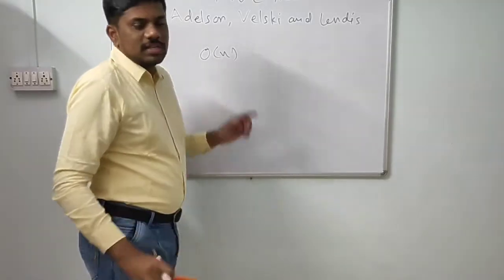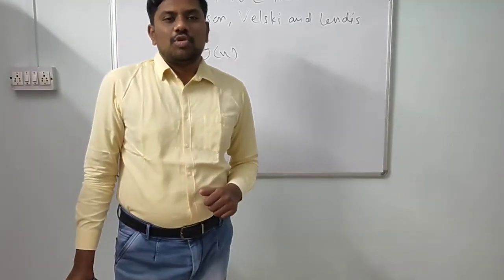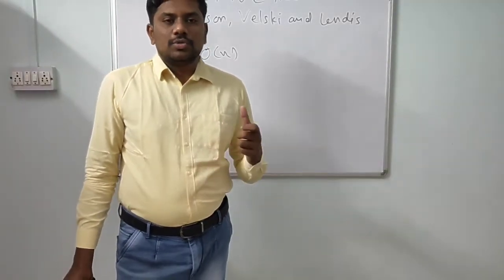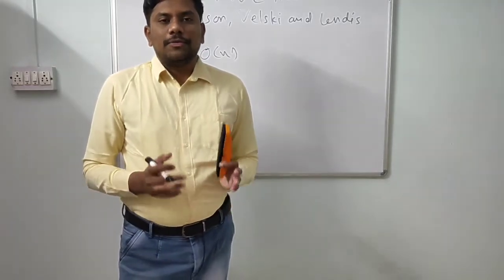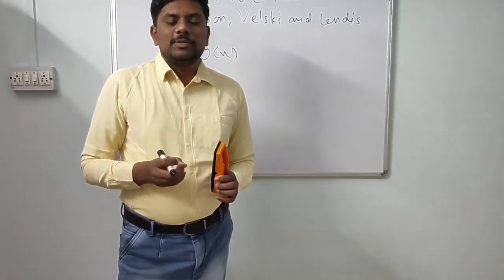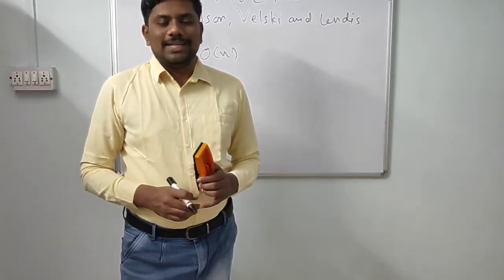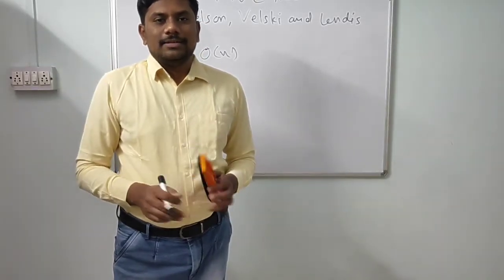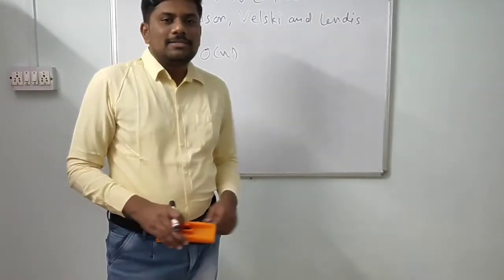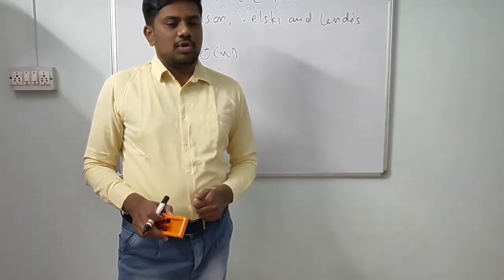Consider an array of 10 elements, and if your element is present at the last location, that is at the 9th index, then big O of n is the worst case complexity for that searching operation.